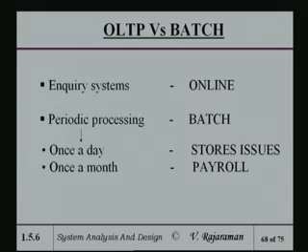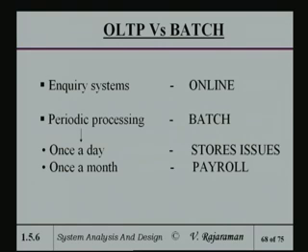For instance, all inquiry systems are online. If you want to make an inquiry on your bank account, or about ticket status in a train or a bus, all these things are online, not real time of course. Whereas batch systems are always periodic. I am just re-emphasizing the point that it is periodic.